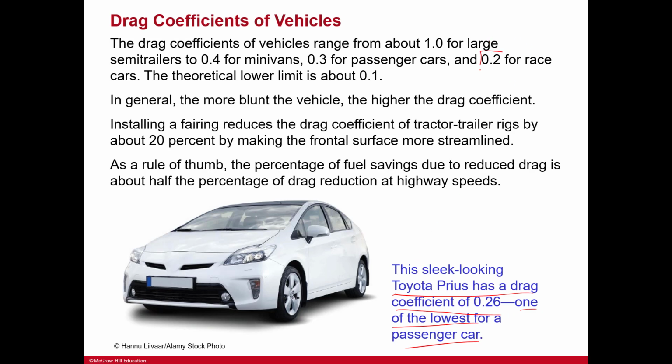I mean, that's really close. It's still rounded up, closer to passenger cars, but no one's getting their groceries in a race car, right? No one's going to do that. So we know that this is going to be unattainable for right now for just regular everyday vehicles. But to get 0.26 for passenger cars is remarkable.